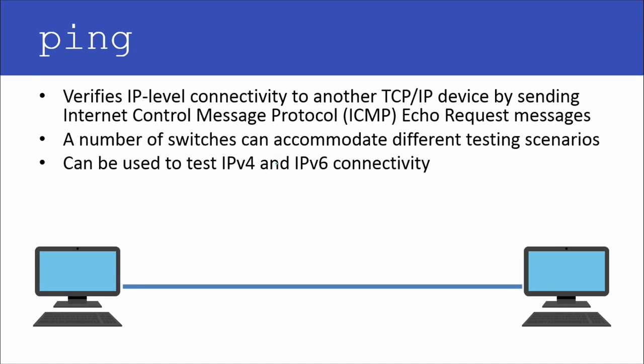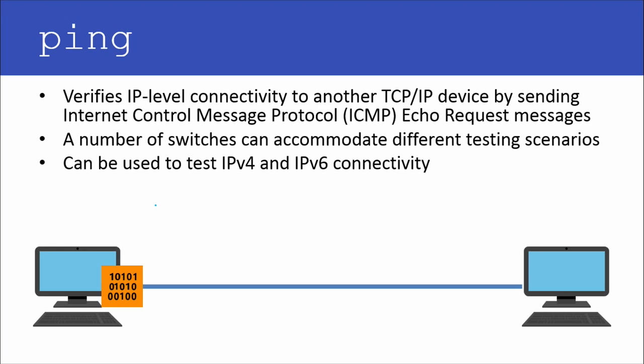Ping. Ping is another one that you're commonly going to hear people say, "Hey, can you ping me later?" Or, "Oh, I'll ping you." That means that what they're going to do is they're going to send you a quick chat or a message. And computers have their own form of that, and that's why people say, "I'm going to ping you later." Right? What ping does is it verifies IP level connectivity to another TCP/IP device by sending an ICMP echo request message.